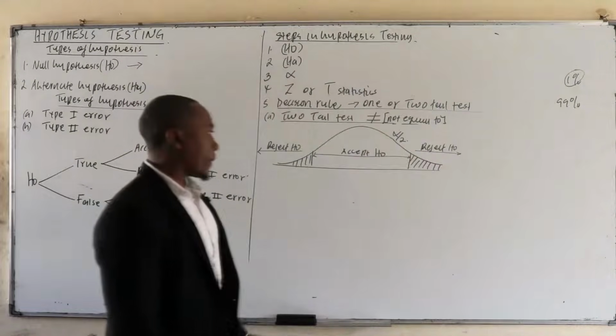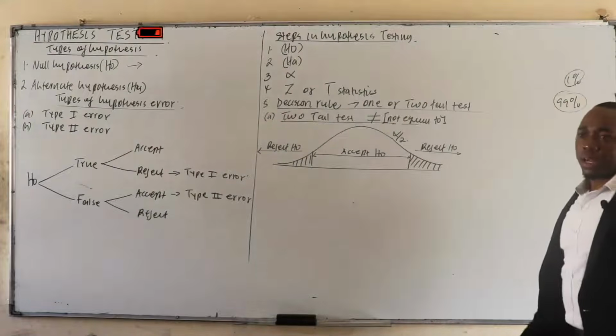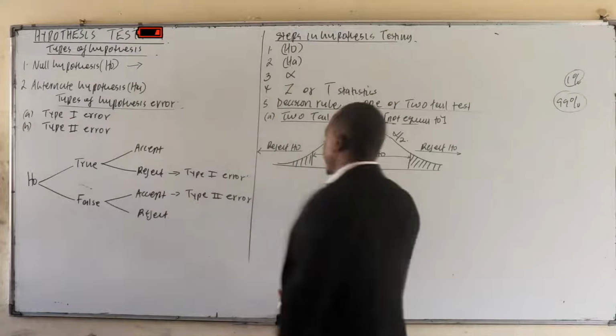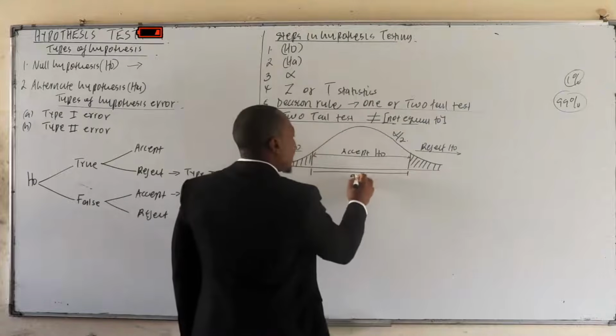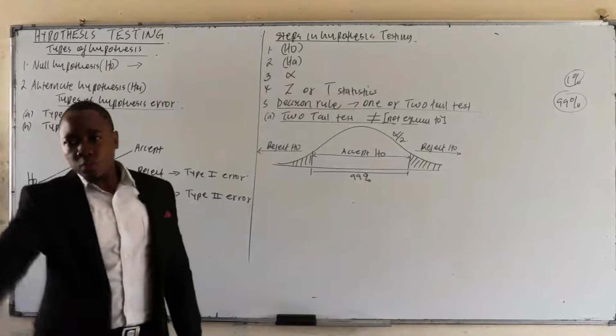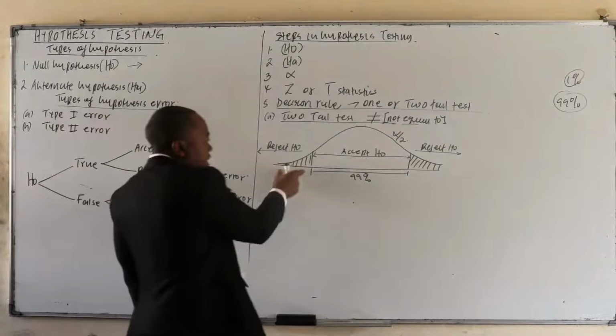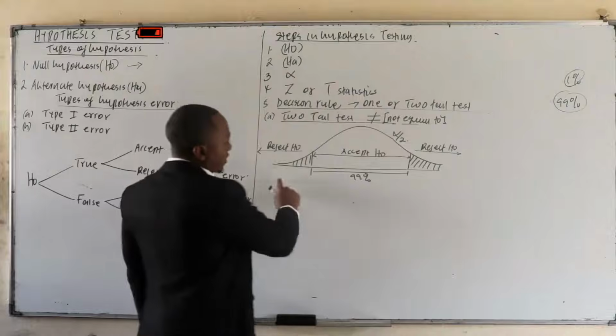This is what I mean. If, for example, you wanted to be 99% sure, that's what we call the confidence level. So from here to here should be 99%, so the margin of error is 1%. This shaded part is 1%. But remember, all this should be 100%.